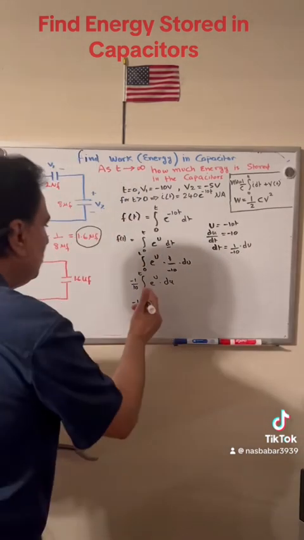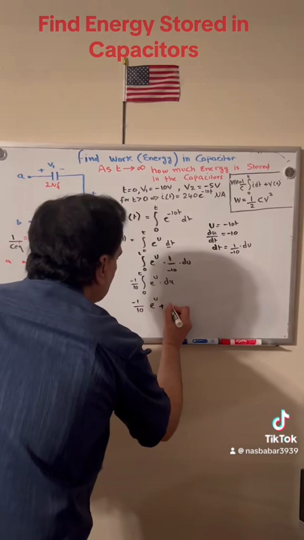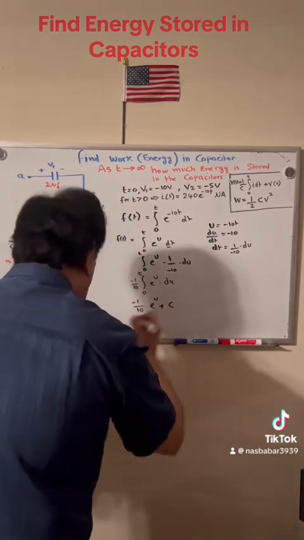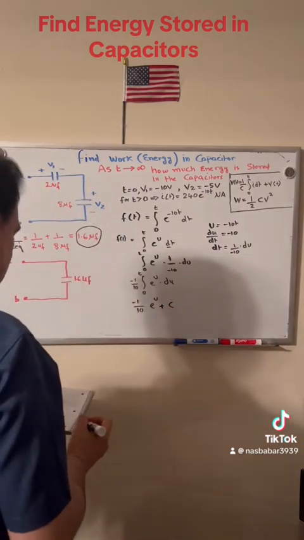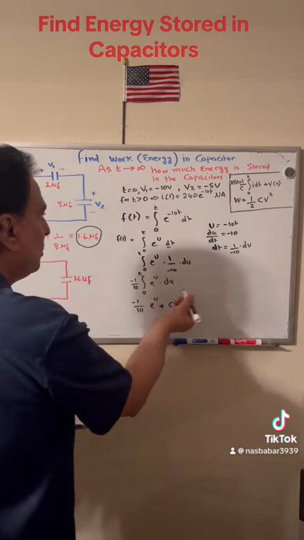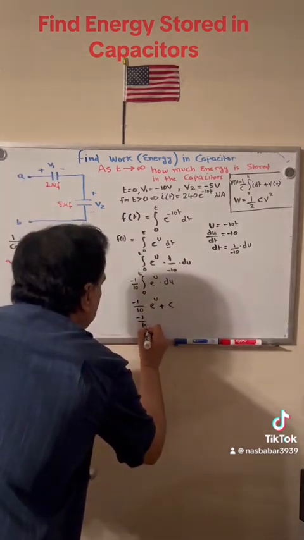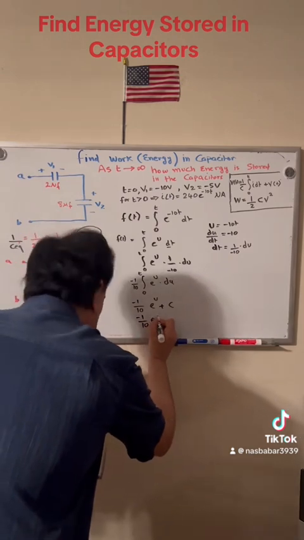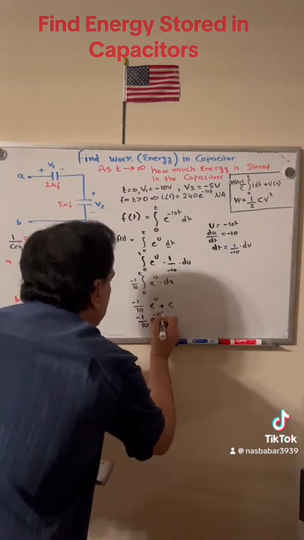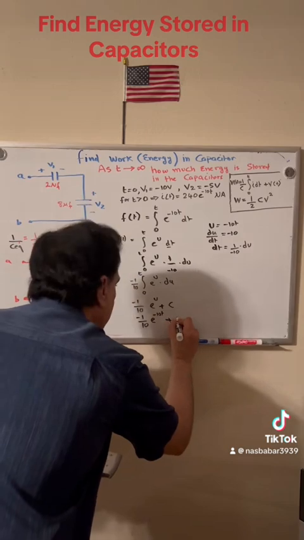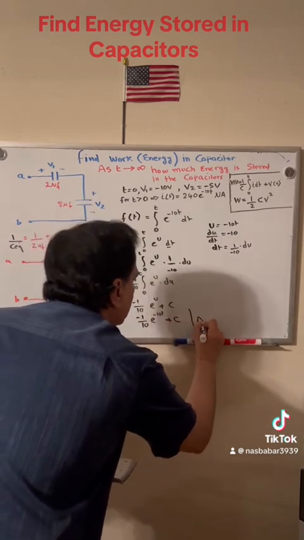So e^u plus, we always have the constant c. Then we substitute the value of u back. So negative 1 over 10 times e raised to the power minus 10t plus c. This, my friends, is the answer.